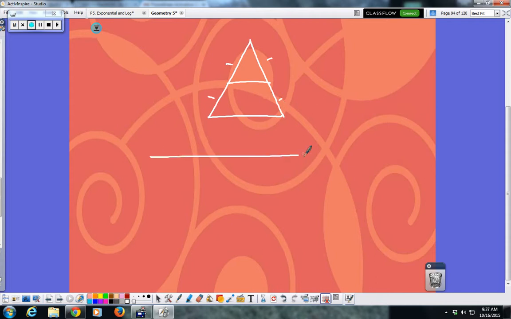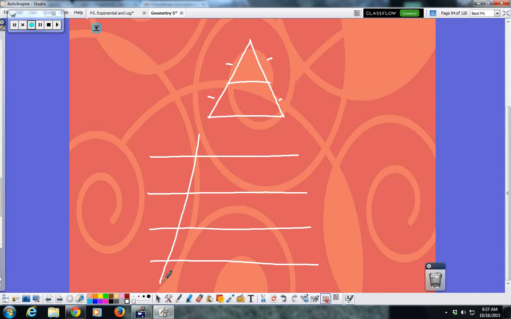Anytime you're dealing with parallel lines, you can take the lines on your paper as an example, and you have transversals. These transversals will have proportional pieces. Like if this was, let's call it A, B, C, D, E, and F. And you need to find any of these pieces.